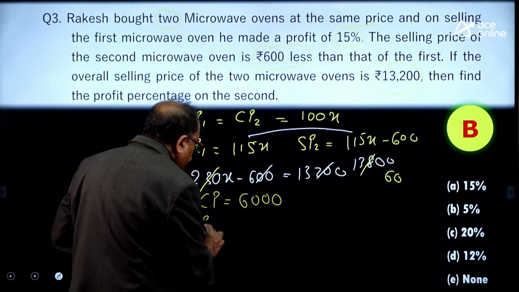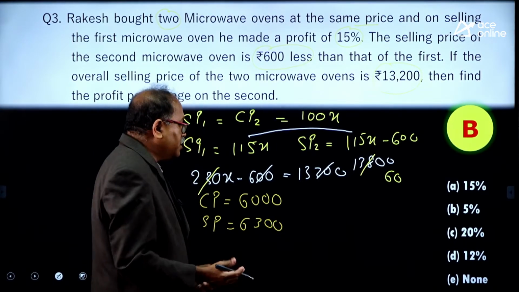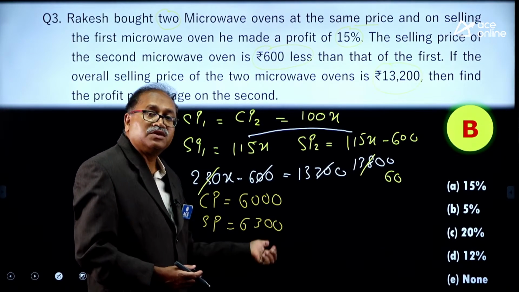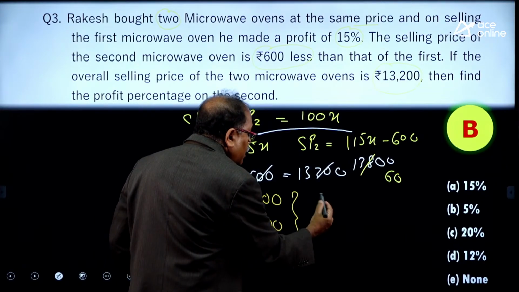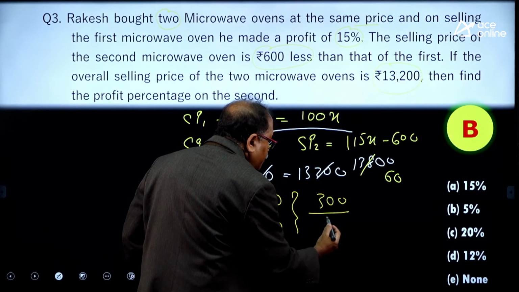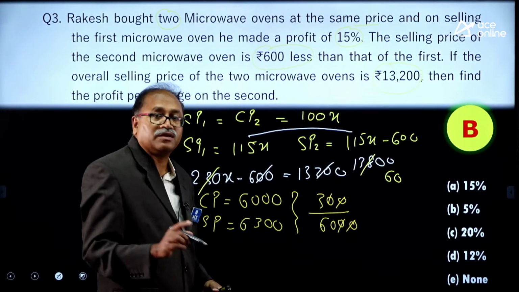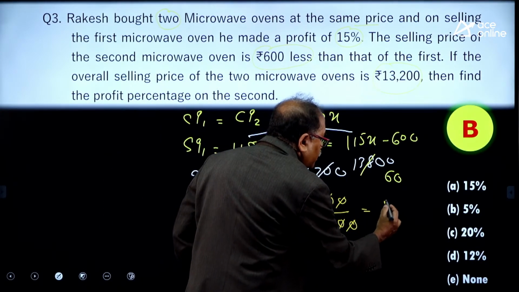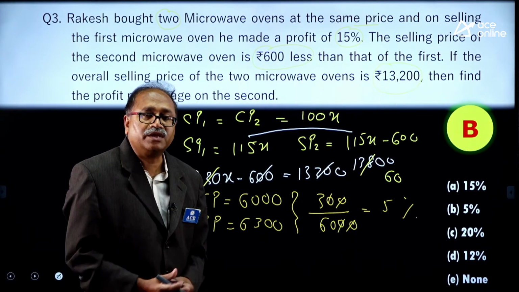So, your SP is 6300. It is clear that your profit is 300, and 300 is what percentage of 6000? Here is your final and last calculation, 300 what percentage of 6000, that you can do even without writing: 1 by 20, and 1 by 20 is 5%, which Pawan has rightly said. That is right, my friends.